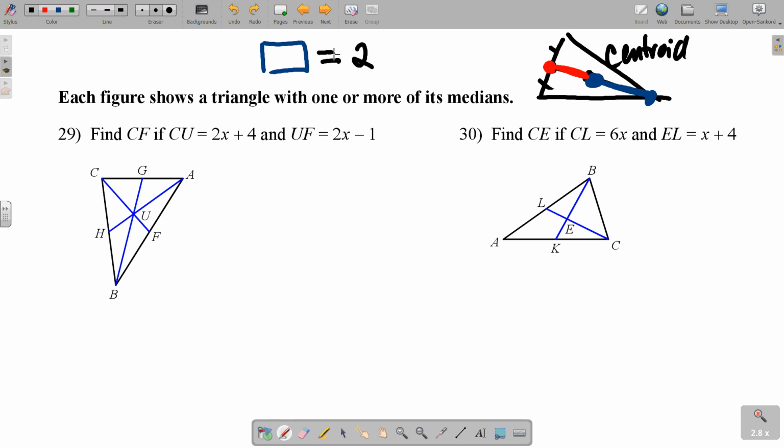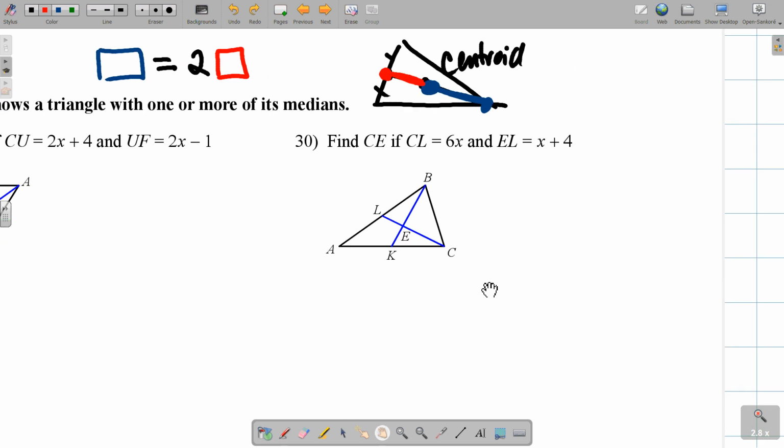So the blue is 2 of the red. Or another way you can say it, and you should always have both, is that the red is half of the blue. You need to have both versions to see which one you want to work with.